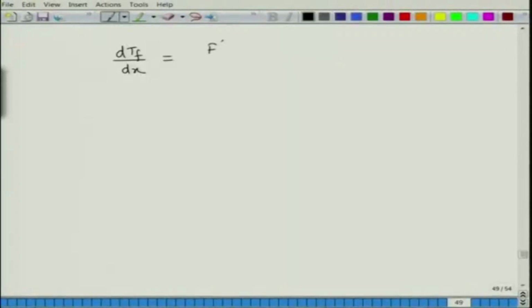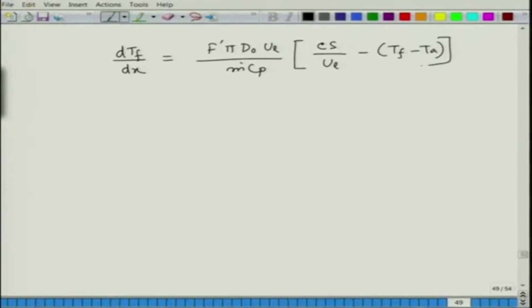So, this will be F prime pi d naught UL divided by m dot Cp multiplied by Cs, which is concentration ratio, multiplied by the absorbed radiation per aperture unit width divided by UL minus Tf minus Ta. Okay. Similar equation we also got for flat plate collector.